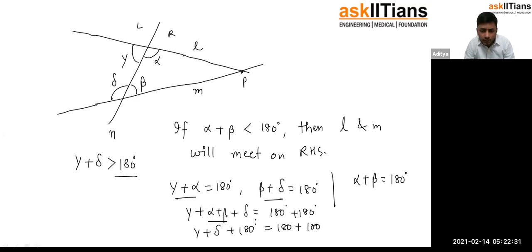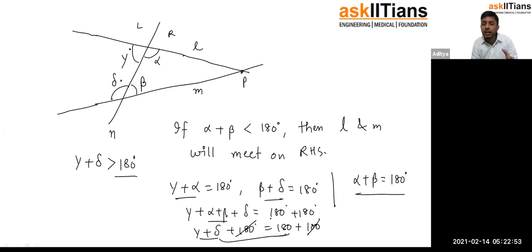Now 180 will get cancelled, so we also get gamma plus delta is 180 degrees. So what we are saying is that if the sum of two interior angles, alpha and beta, is 180 degrees, then on the other side also the sum of the interior angles will be 180 degrees, as I have proved here.